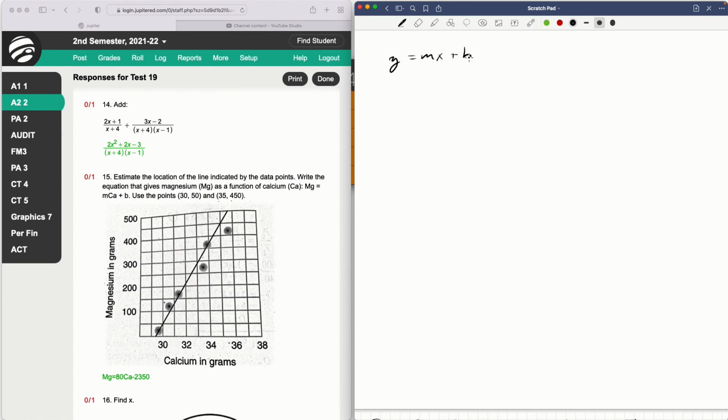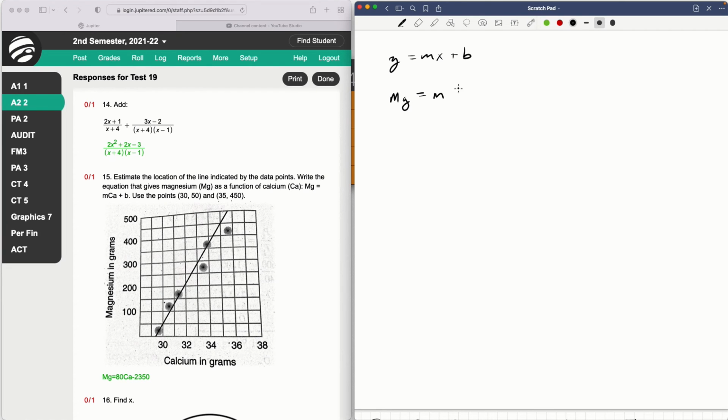We have these 2 points that I've specified, because those are the 2 places where they cross the line. So we're going to say magnesium equals the slope times calcium plus b.